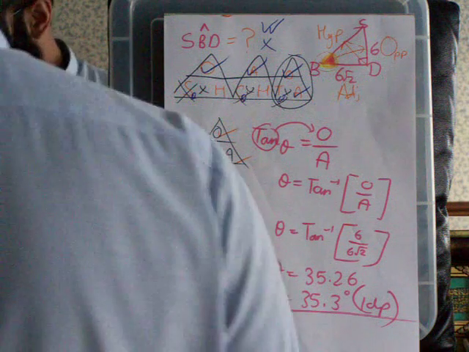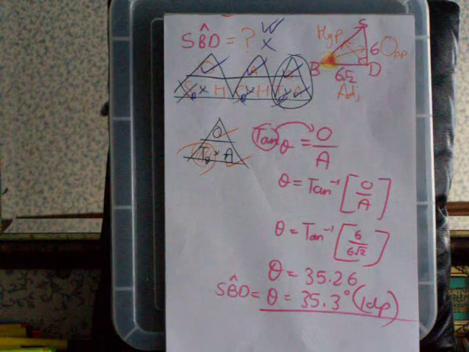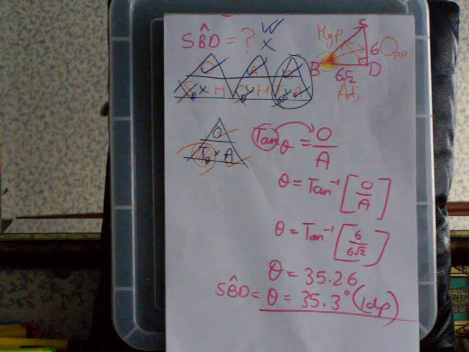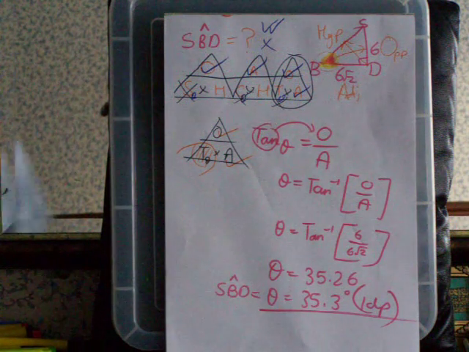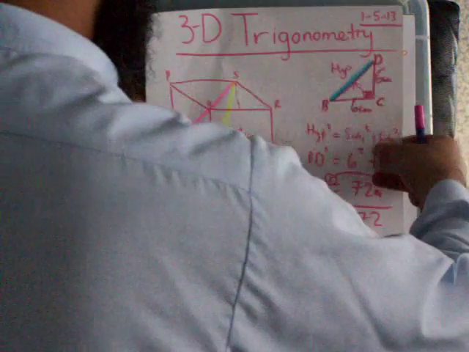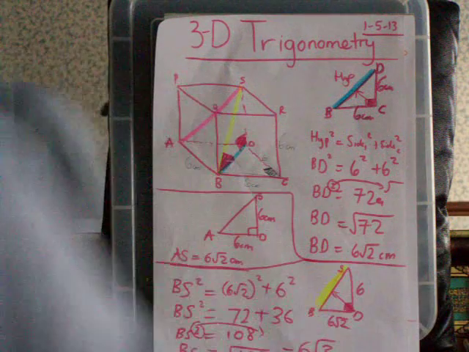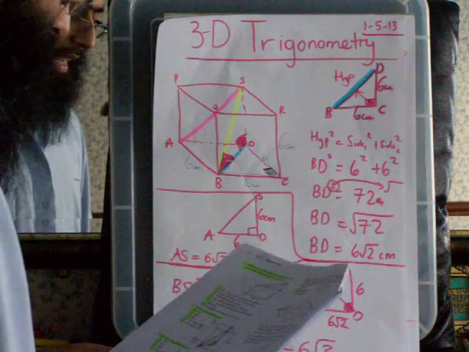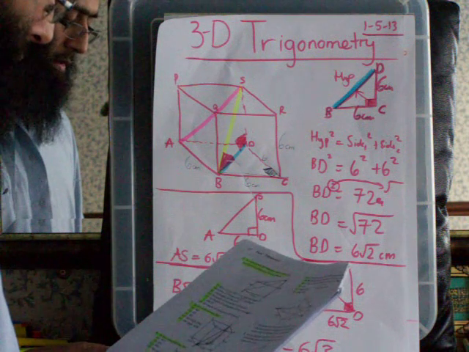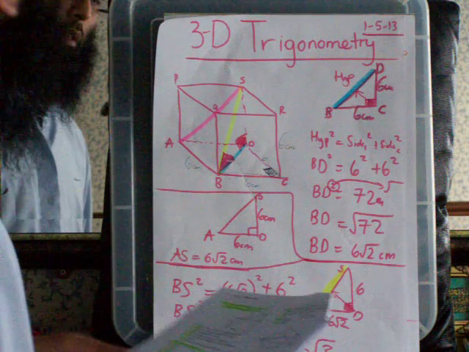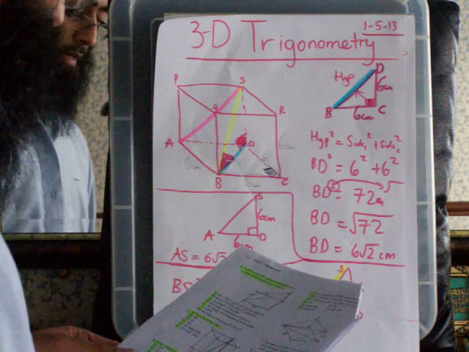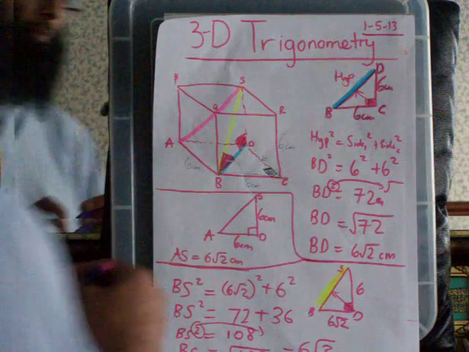Right, so let's get back to our original sheet. Let's get back to our original question, diagram. They want us now to work out the angle ASB. Okay, where's ASB? It's a bit of a tricky one to draw.